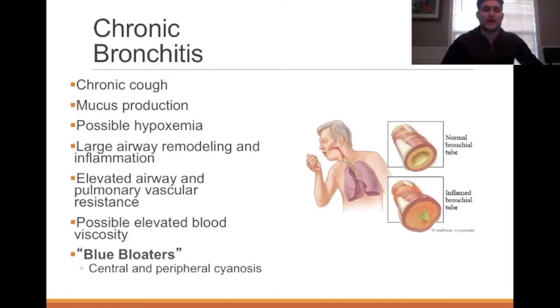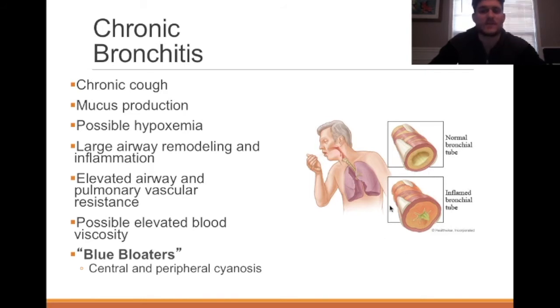In chronic bronchitis, instead of the small airways being really damaged and inflamed, it is the large airways that are becoming damaged. Here we see to the right a normal bronchial tube, where air is normally going to come in through the lumen, and then one that is inflamed.